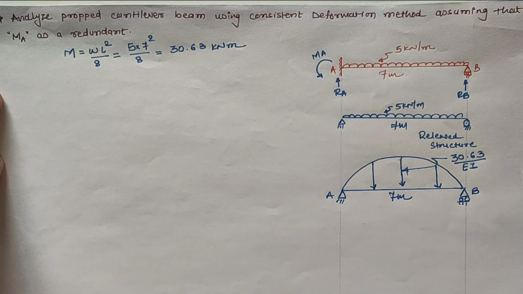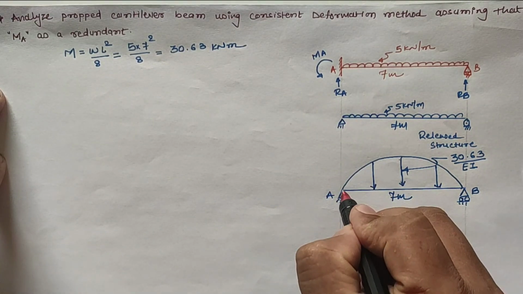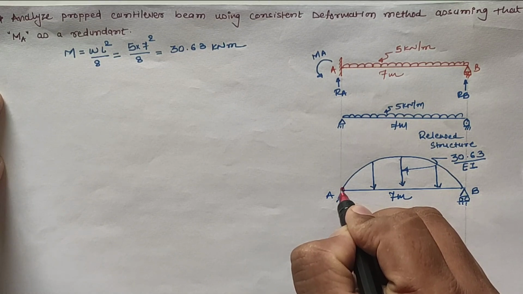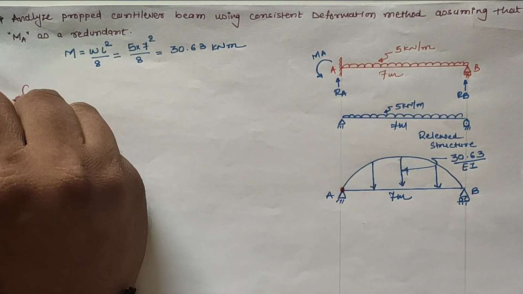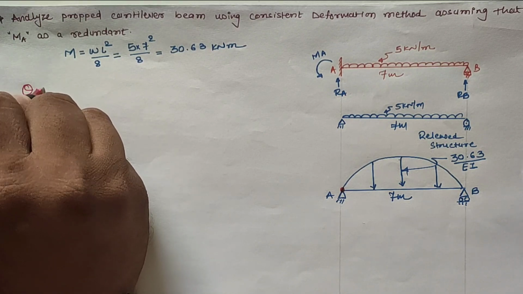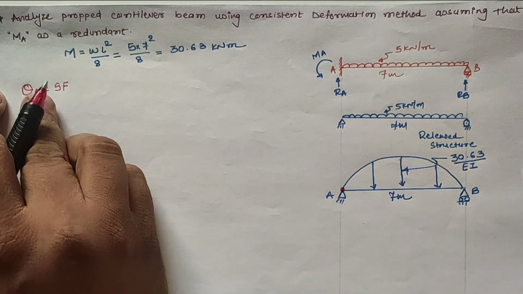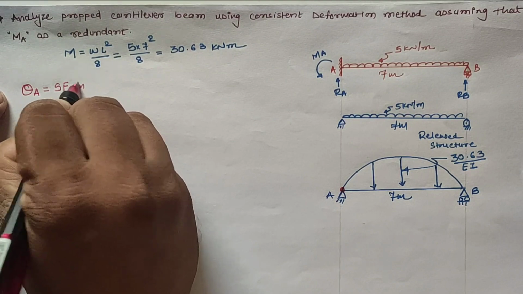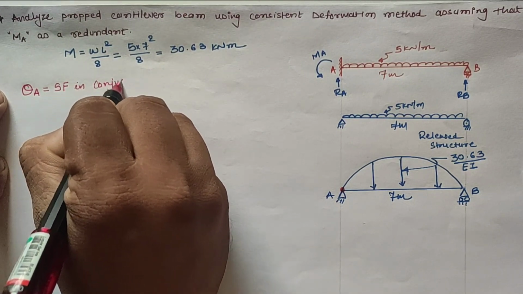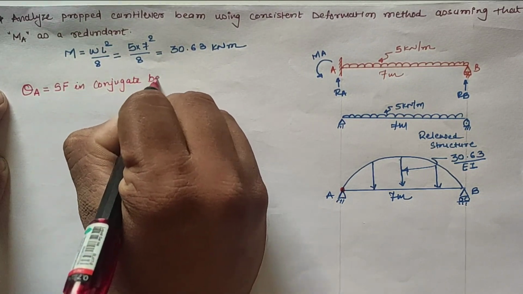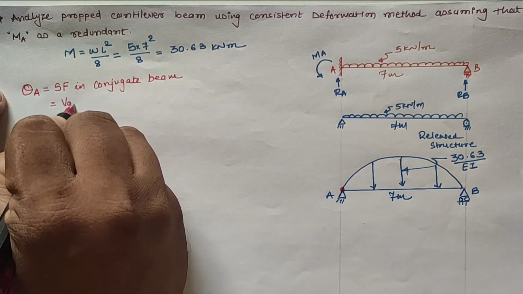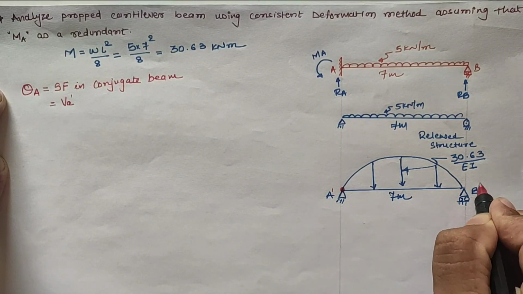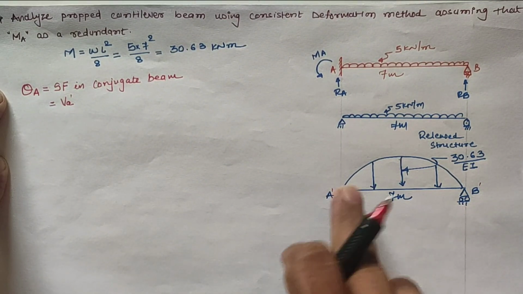Now, according to the consistent deformation method, we have to calculate the rotation at location A, as we select MA as a redundant. So we have to calculate the theta A value, which is nothing but the shear force in the conjugate beam, that is, the reaction at location A dash for this beam.